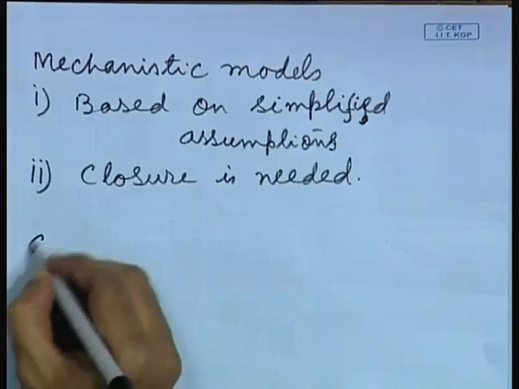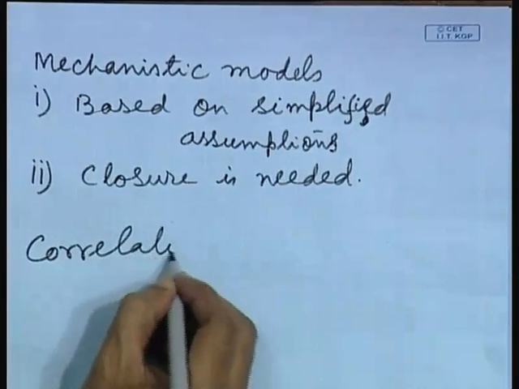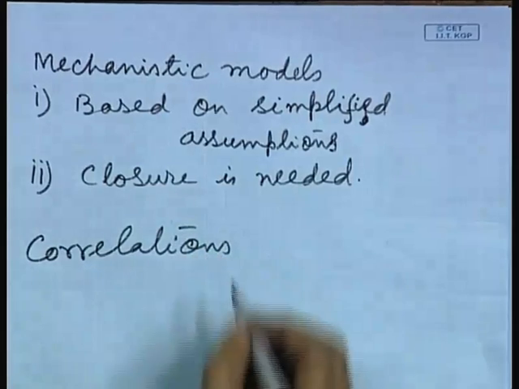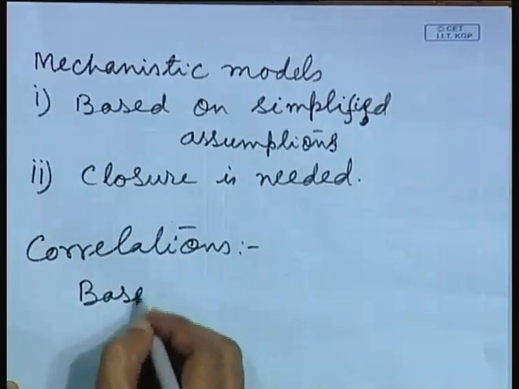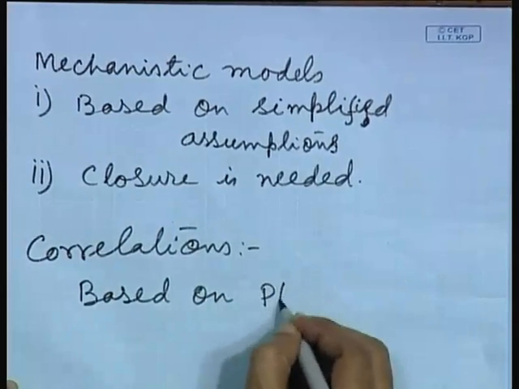So, these models are done and used, but people also go for correlation kind of prediction. Now, the type of correlations I will discuss are not very blind black box kind of correlation. A correlation will be successful if the basic physics is reflected in the correlation. Okay. So, they are based on physical insight.